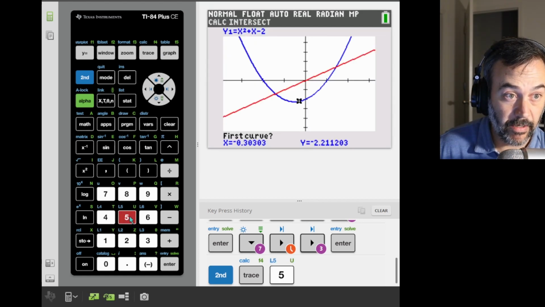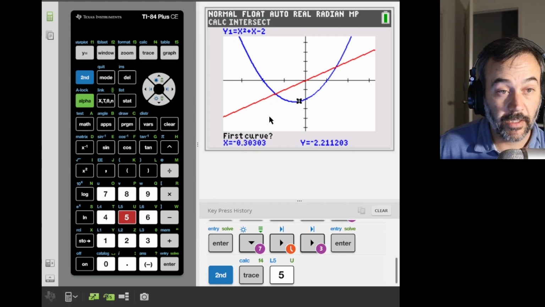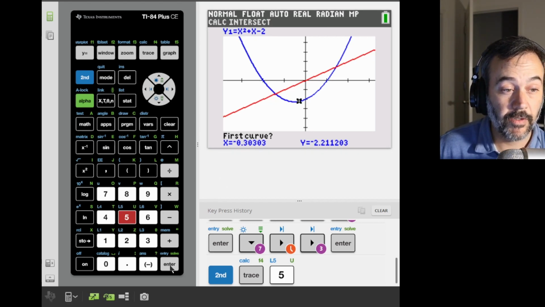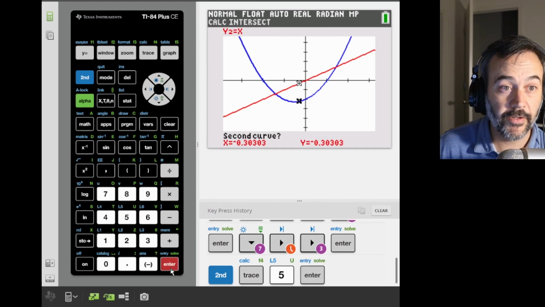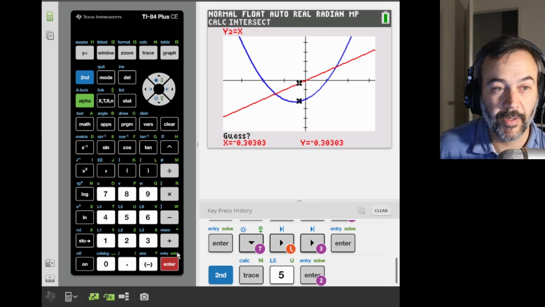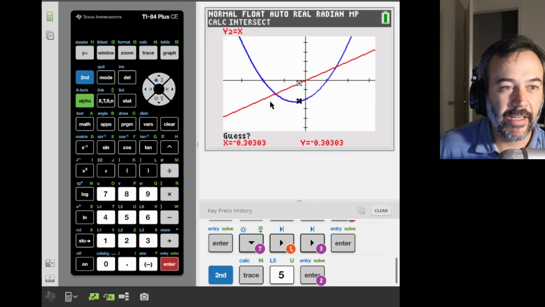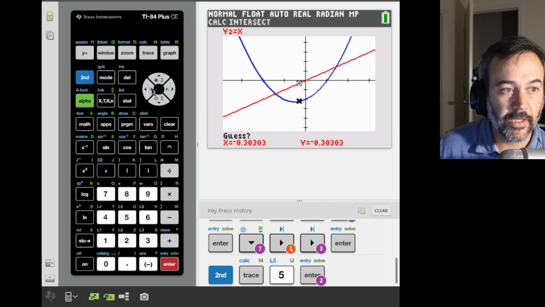So I'll hit 5, and it asks me to select the two curves that I want to find the intersection point. So I'll hit enter and enter. There's only two curves, so it's going to pick the two you want. And then I want the guess. So let's find this intersection over here. You can hit the left arrow if that's how you want to do it, and you can get somewhat close.